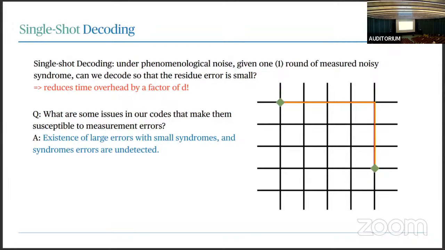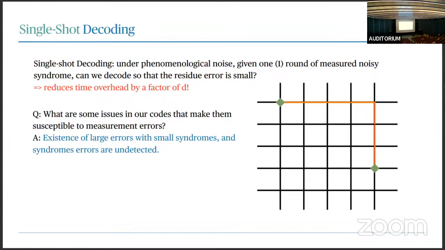And on top of that, I could flip these syndromes like we saw in the previous example where 1 syndrome disappeared and 1 appeared. There are very easy ways for me to flip these syndromes without being detected by the code. Because when the code sees 2 syndromes on the surface code or on the toric code, it just says, oh, this is a valid syndrome, I'll do decoding as usual. It is undetected.